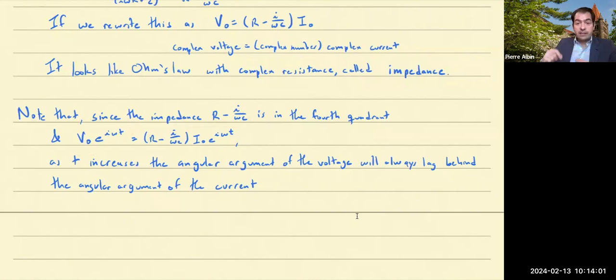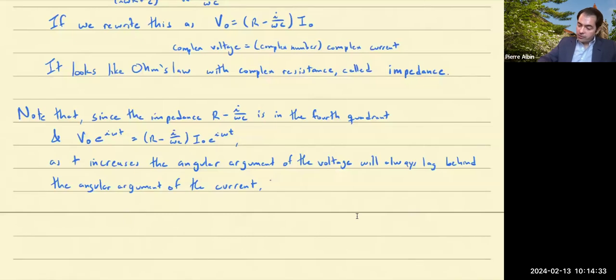And so now we're just looking at the angle, and the angle of this number is obtained by combining the angle of this number and the angle of this number, adding them together. However, the angle of this number, because it's in the fourth quadrant, is a negative angle between 0 and pi over 2. And so the angle of this one is always going to be behind the angle of this one, right?